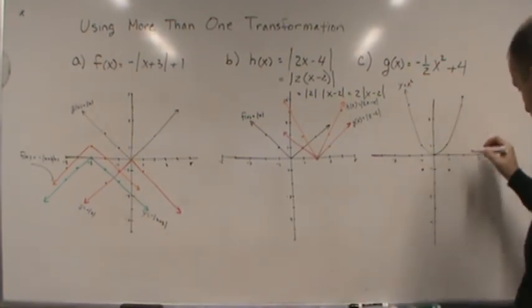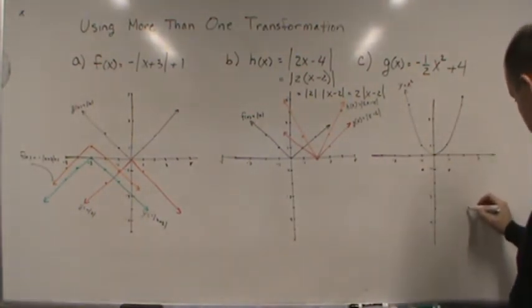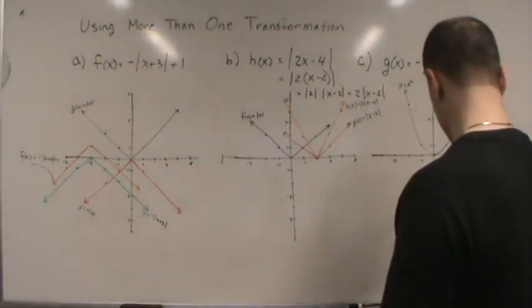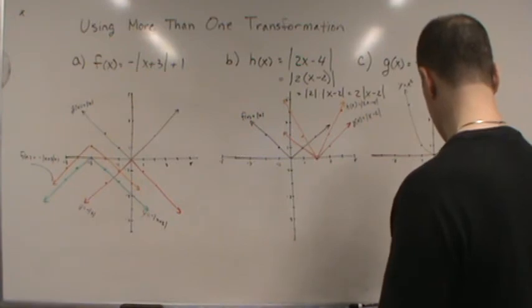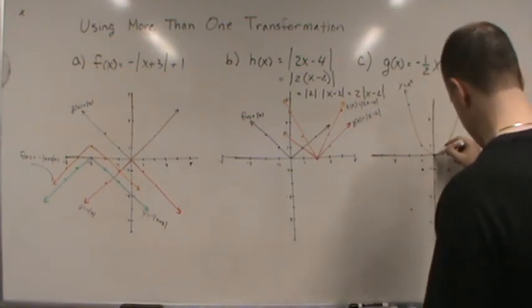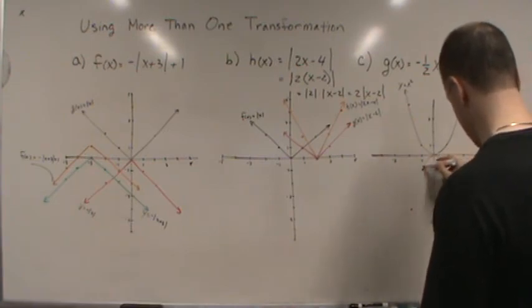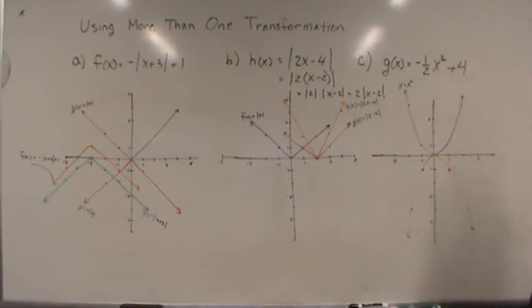And then this is going to reflect down to 4. Likewise for this one here. Okay, so that's the first one.